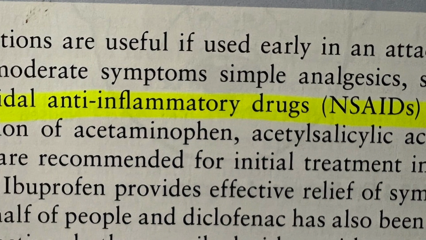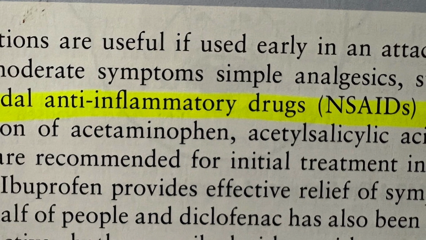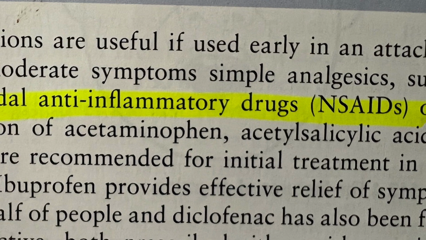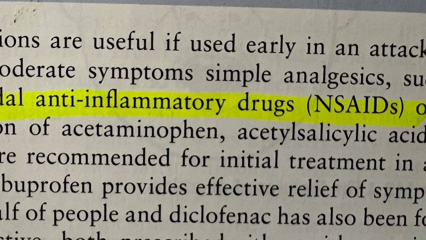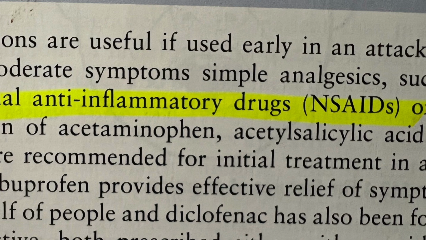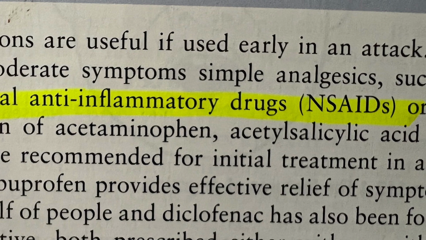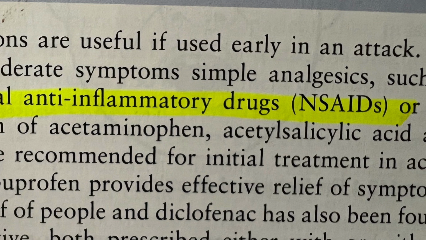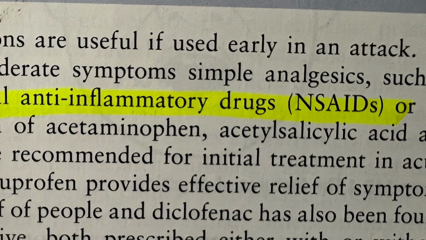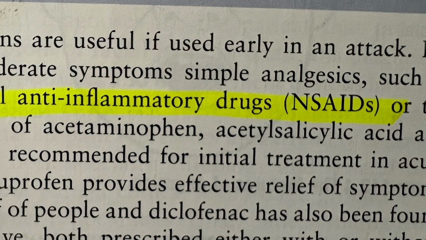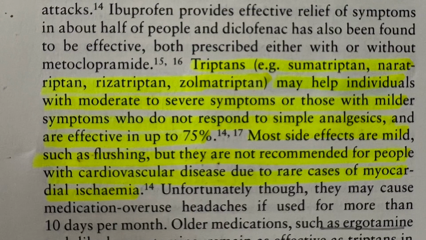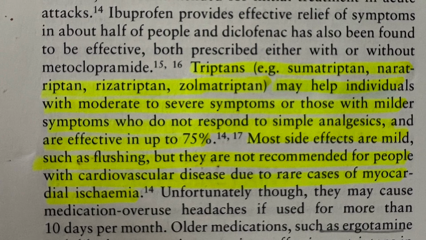Now, acute symptomatic control. Commonly used medications are non-steroidal anti-inflammatory drugs, mainly a combination of acetaminophen, acetylsalicylic acid, and caffeine. Caffeine is also helpful, so you can take coffee. Triptan medication can be added if the migraine is moderate to severe, like sumatriptan, naratriptan, rizatriptan, and zolmatriptan.